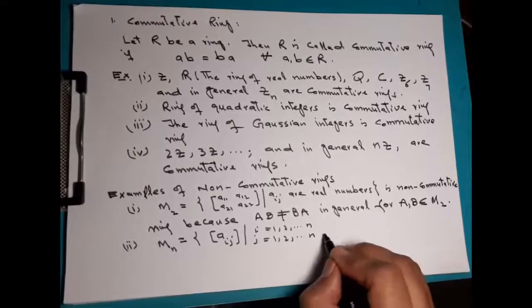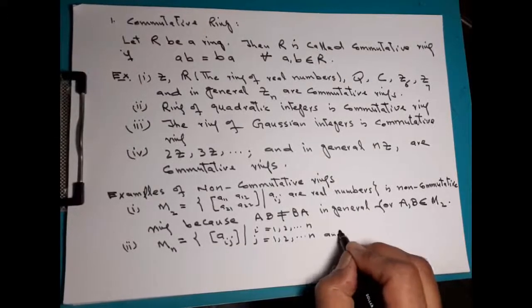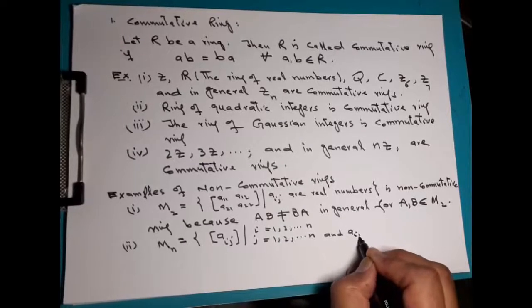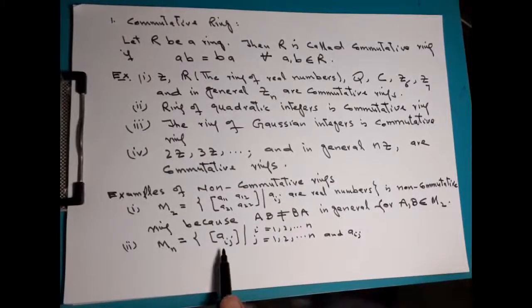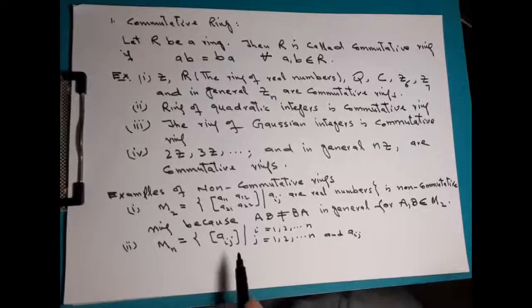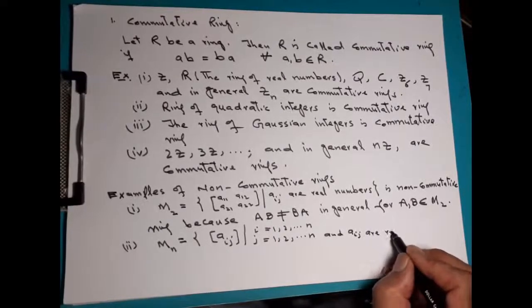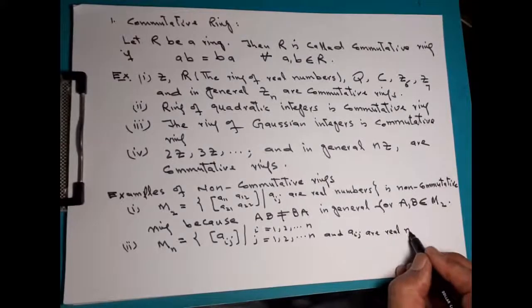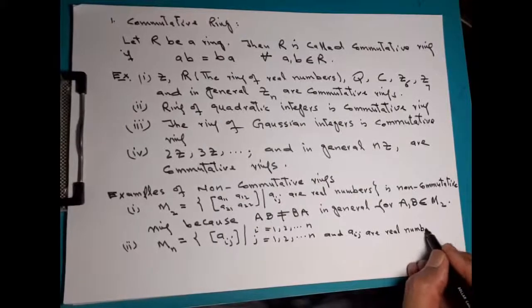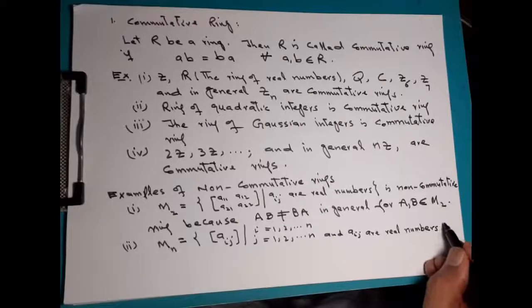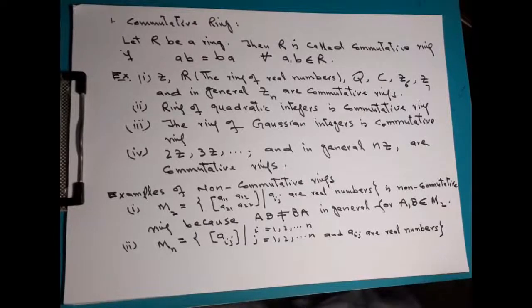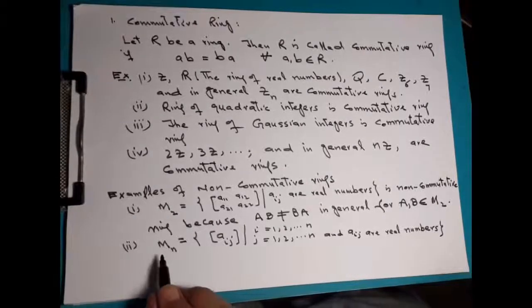These are square matrices of order n by n with real entries. We have discussed earlier that this is a ring, and it is a non-commutative ring.